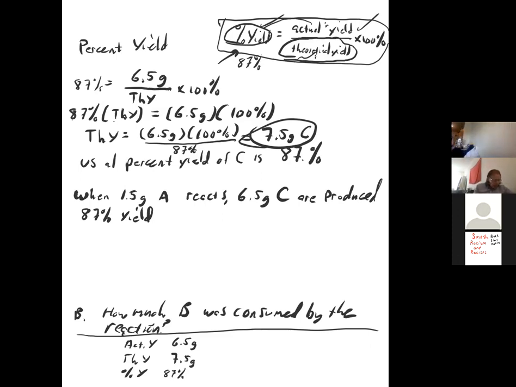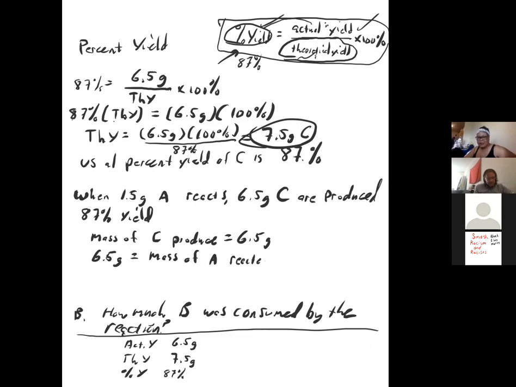What we know is that the mass of C produced equals 6.5 grams, right? So 6.5 grams has got to be equal to the mass of A that reacted plus the mass of B that reacted.